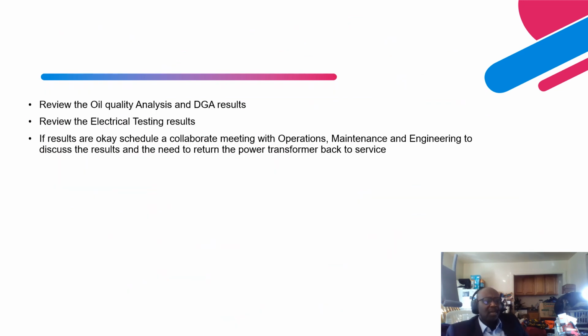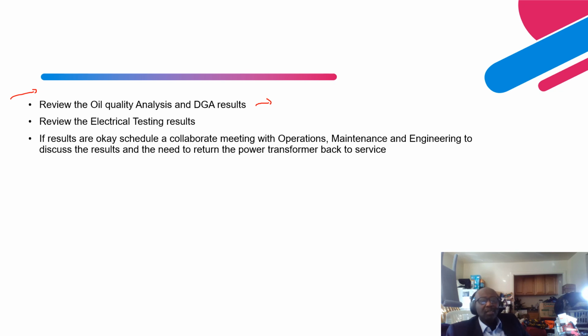Next, once you receive the results for the oil quality analysis and the DGA, you have to review the results, right? Then interpret the results, and don't rely on databases. I know there are a lot of databases where you input the testing results from the lab, and they review and spit out the results.